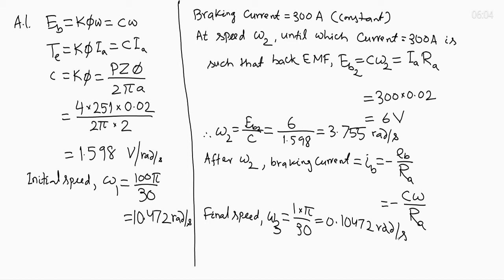And from omega 2 to omega 3, torque TE is C into IB, because torque is C times the current, and the IB value is already obtained. So, it is minus C square omega by RA.